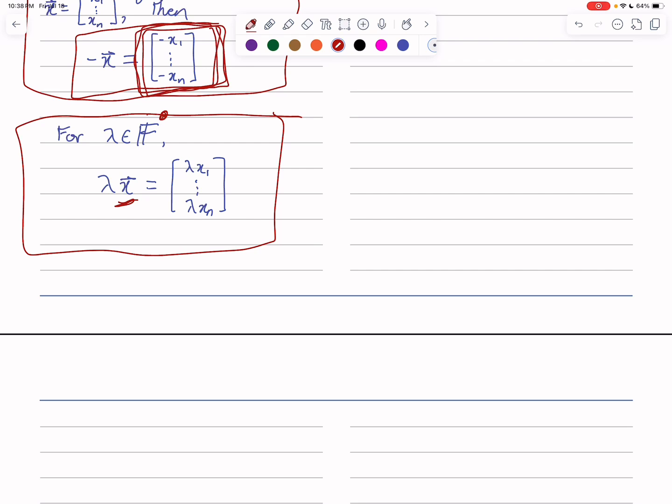So for us, something like vector x times vector y is going to be pretty much undefined. We're not really going to talk about multiplying two vectors or two lists together, but we will talk about taking a single field element lambda and multiplying that by some list. That is defined. And in particular, you just multiply every single coordinate.